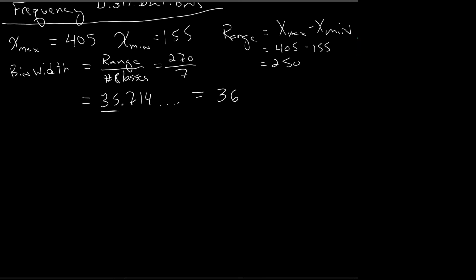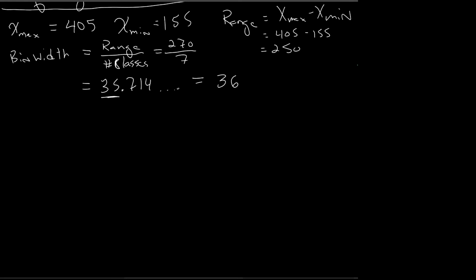Now I'm going to build my table here. Some things I'm going to do is I know there's going to be 7 bins. So I'm just going to number 1, 2, 3, 4, 5, 6, and 7. And the first thing I want to do is I want to find my lower class. In my lower class, I'm going to start with my minimum value.